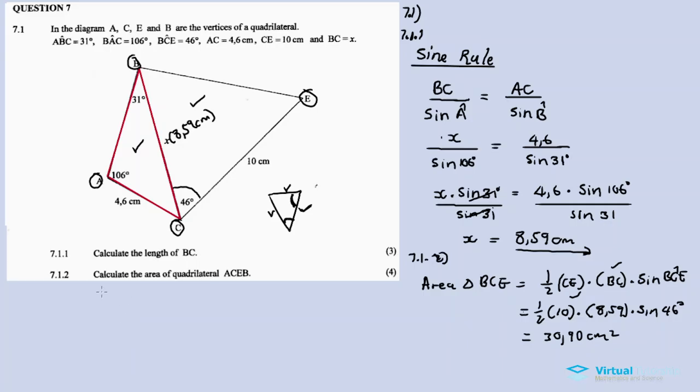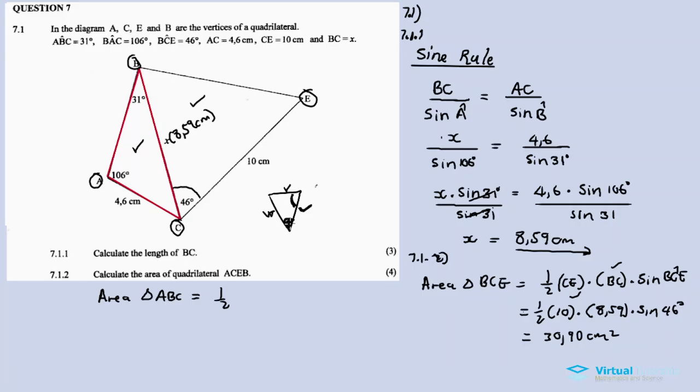Then we calculate the area for triangle ABC, which is equal to half. It's a little bit tricky, but note: if you want to calculate the area of any triangle using the area rule, you need the angle between two given sides.